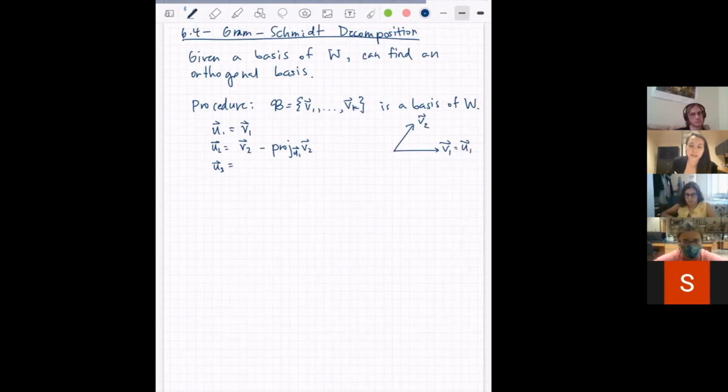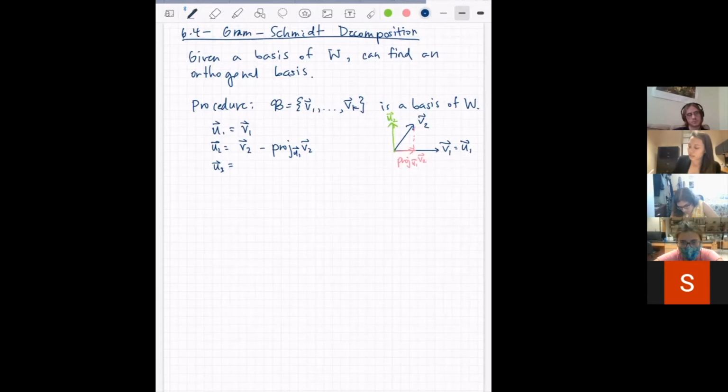We want to make our vector orthogonal to V1. So this is the projection of V2 onto U1, which is the same as V1. And then if we subtract that from V2, we're left with the orthogonal part. So this is our U2.